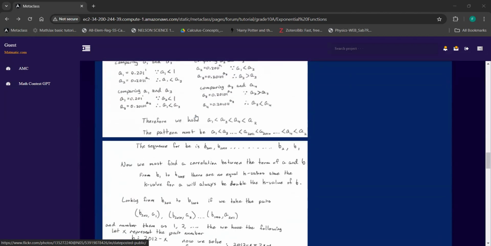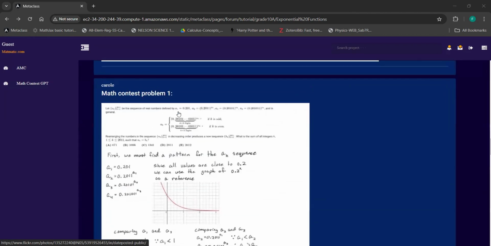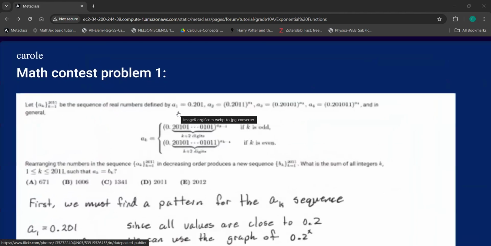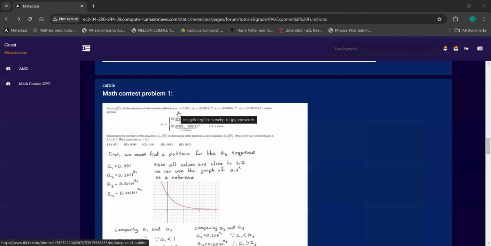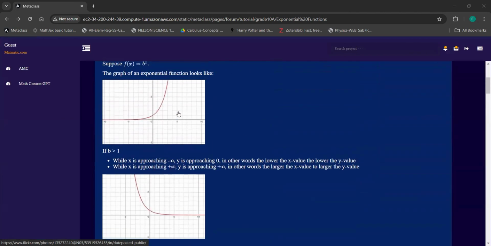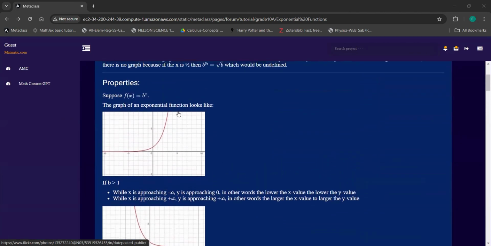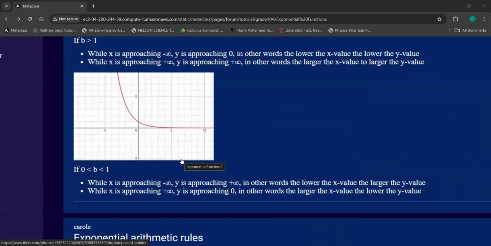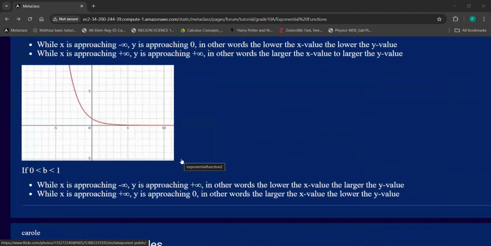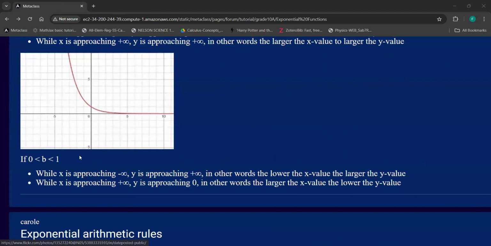Okay, so this one is going to be slightly longer. You know what? I'm going to go back over here. Let's review this part. For this math contest question, you're going to have to be using this one. Remember that this is in the form f of x is equal to b to the power of x.